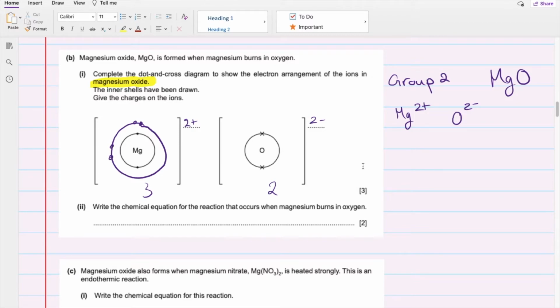And then we move on to the next shell. That third shell is going to have 2. 1, 2. But those 2 will leave and go into the oxygen atom, but we'll do that after we finish with the oxygen. So the oxygen in period 2 is going to have only 2 shells. Now, oxygen itself, let's find out how many protons it has.